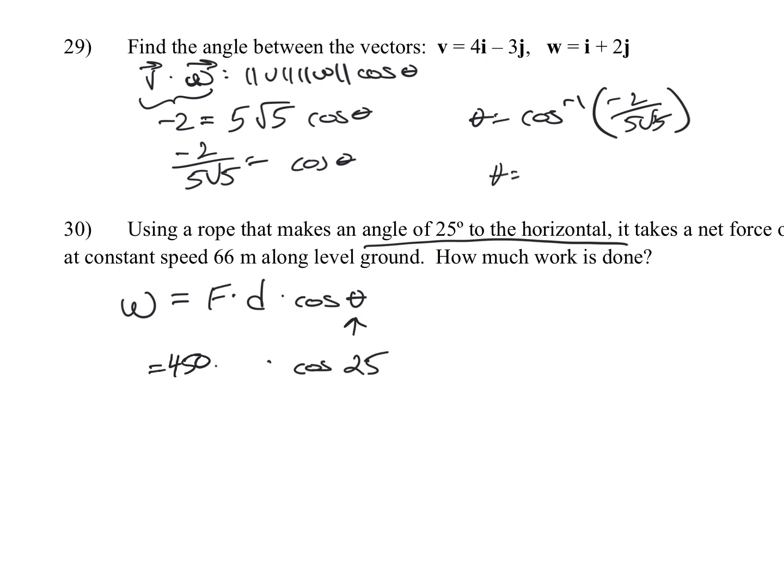At a constant speed with a displacement, I know it says speed here, but it's saying the speed is constant and moves it 66 meters. So that's my displacement. So just plugging all that into a calculator, I end up with 26,917.3 joules. So that's really it. Just knowing where these components fit in.